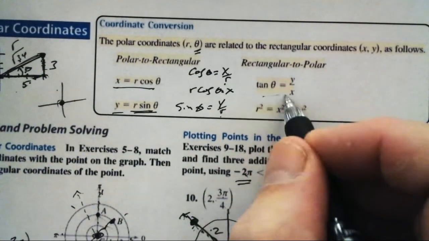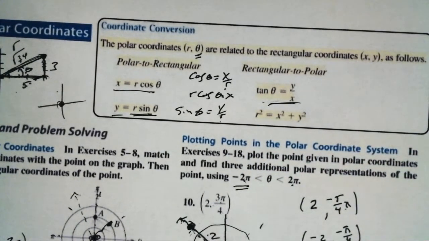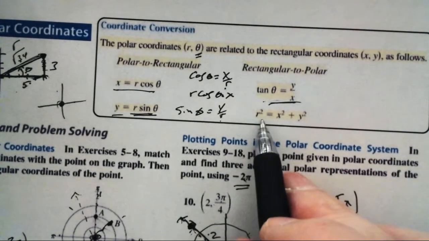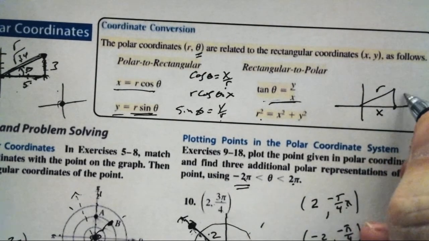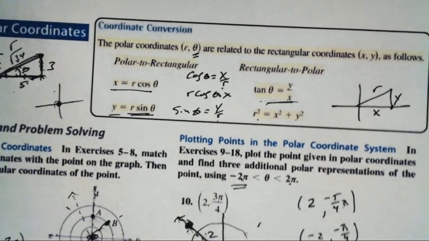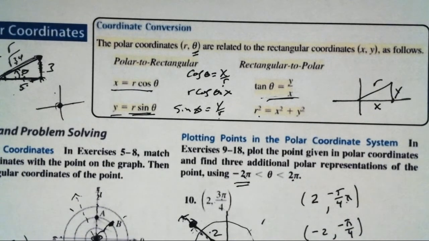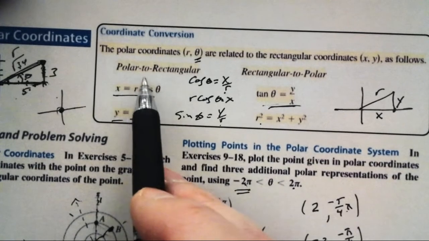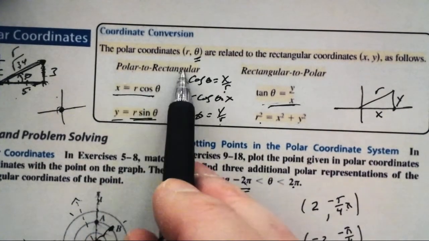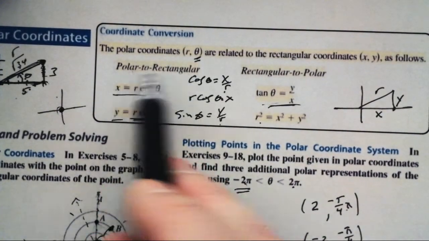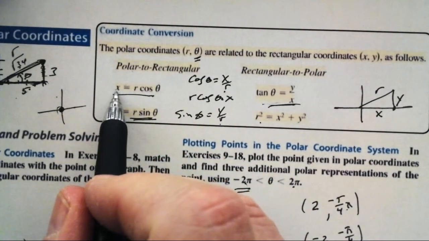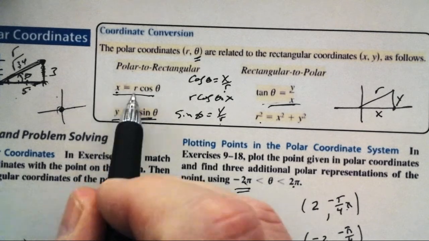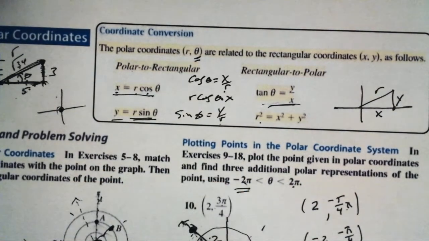And of course, tangent of theta equals y on x, and r squared is in a Pythagorean relation as a hypotenuse with x squared and y squared. So I'm going to claim we know those. Well, how is this good? If I want to go from polar to rectangular, or rectangular to polar, if I've got an x in rectangular, I can turn that into r cosine in polar.